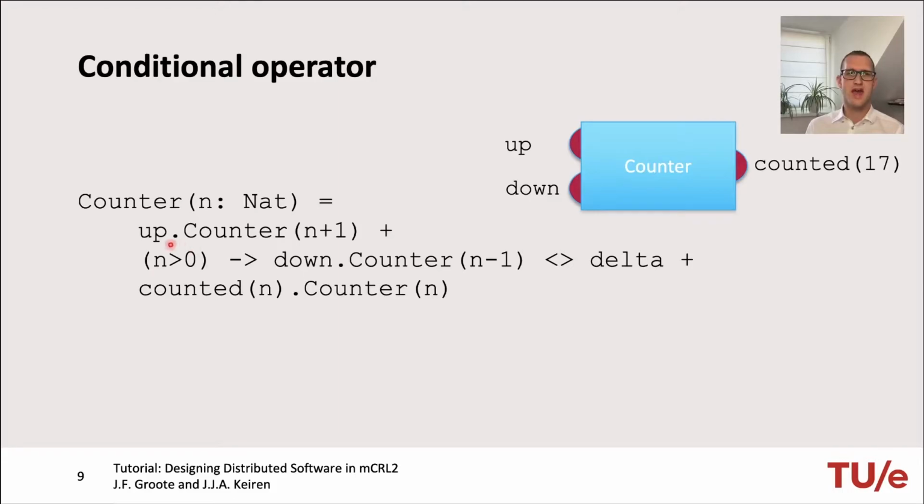So we say that if n is greater than 0, then we can push the down button and we recursively behave as the counter with n decremented. Else we behave as the delta process, where delta represents the deadlock process, which cannot do anything.